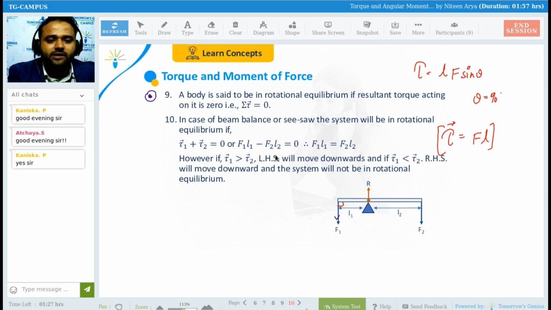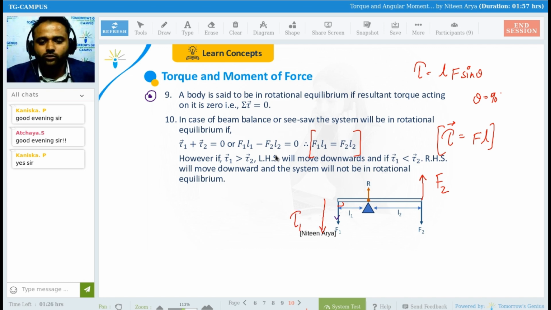Obviously, if the force on this side is going to be downward, as we see in a seesaw, the other is necessarily upward. Clear? So making this direction opposite, F1 L1 minus F2 L2 is 0, and therefore F1 L1 equals F2 L2. However, if tau1 is greater than tau2, the left-hand side moves downward. Simple thing. If tau1 is greater than tau2, that is the case.